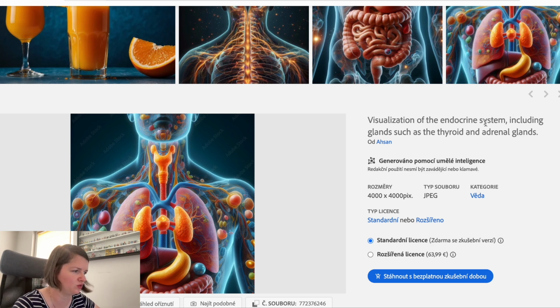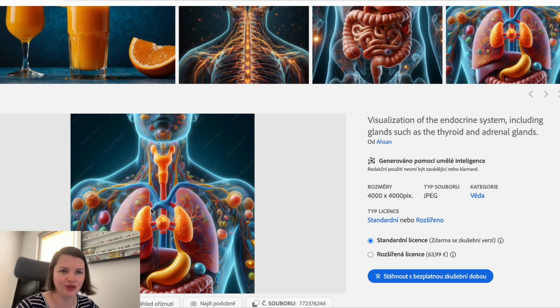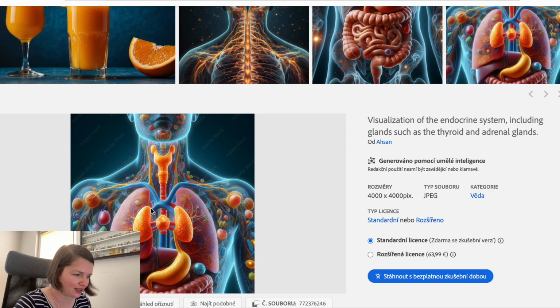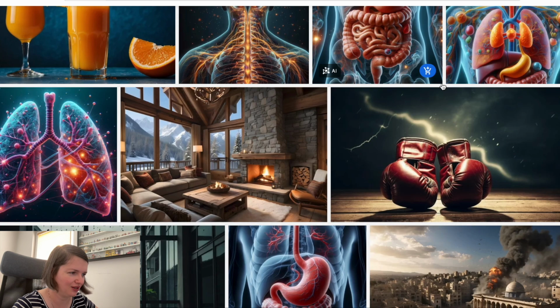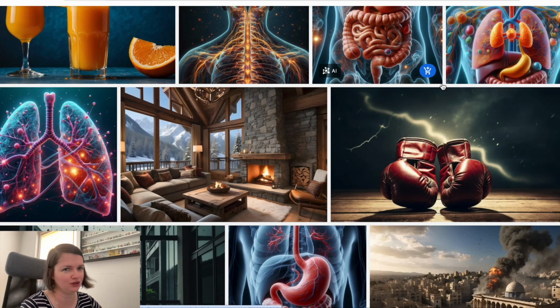This is supposed to be the endocrine system. I cannot tell by looking at the image if the glands and everything are displayed correctly, but the professionals who buy this kind of images can tell if it's accurate. And if it's nonsense, it will not be sold.